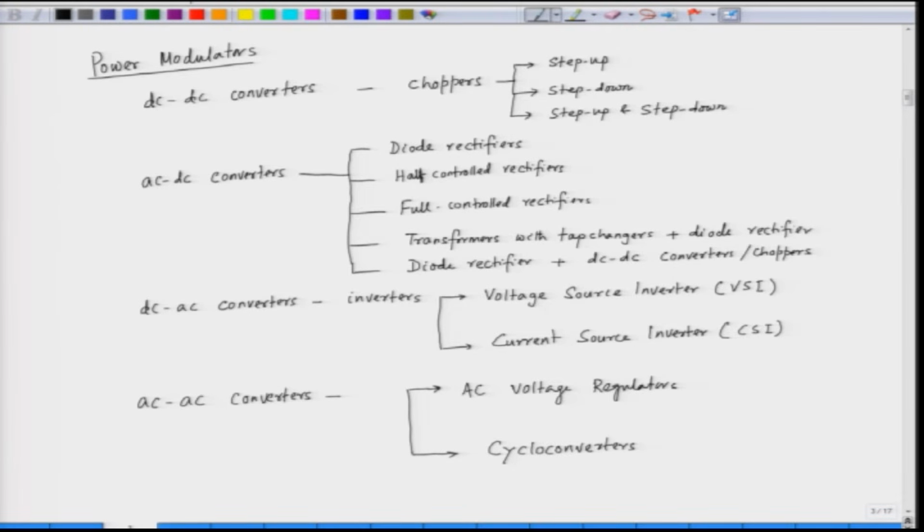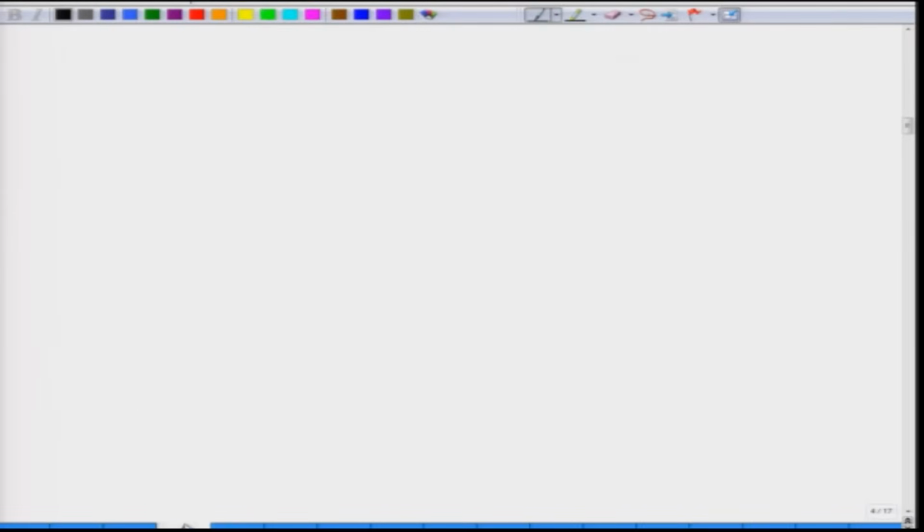So, we have discussed the electric motor, and we have also discussed the power modulator. We have another important component of an electric drive which is the power supply. The power supplies are of various types, they can be AC, they can be DC, they can be single phase, 3 phase, of various voltages. So, we will very briefly discuss the power supply.